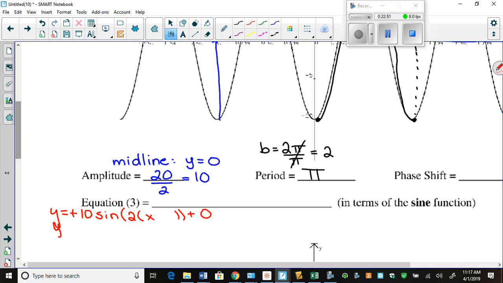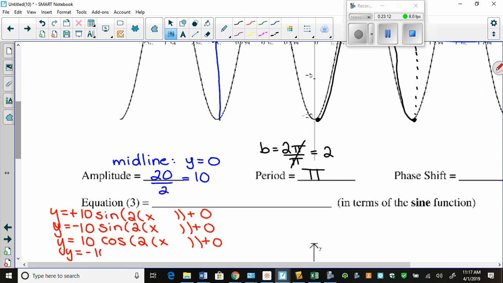Then I'm going to get y equals negative 10 sine 2x plus 0. I'm going to get y equals 10 cos 2x plus 0, and y equals negative 10 cos 2x plus 0.